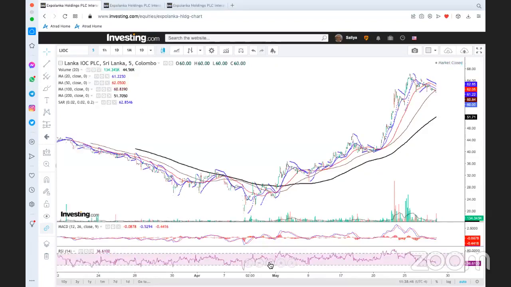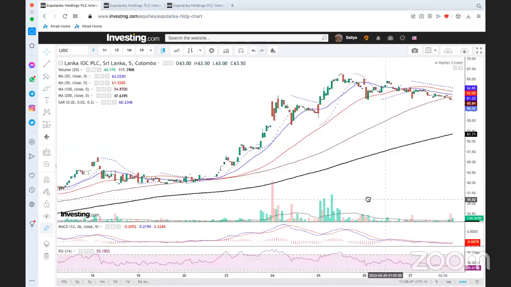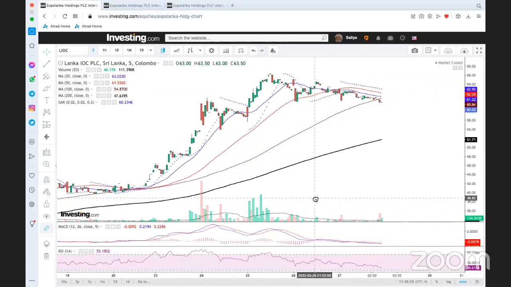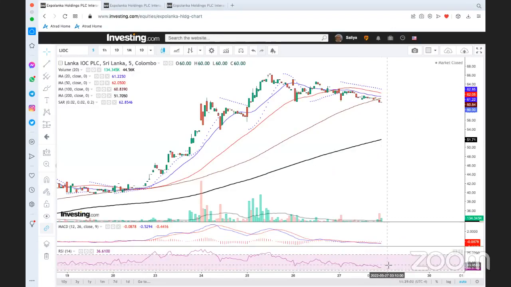Okay. Here I'll be talking to you about some important things in the MACD and the RSI also, right? First of all, we need to wait, especially for the MACD, for the blue line, which is the MACD line, to cross above the signal line.